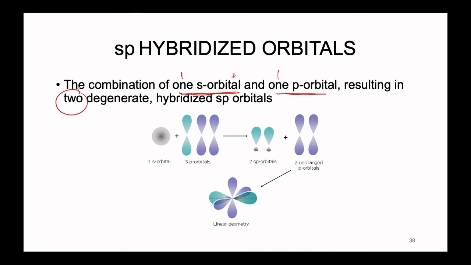These 2 degenerate sp orbitals are going to be oriented in a linear configuration, which is what we can see in this diagram down below. So we're taking our gray s orbital and one of our teal p orbitals and mixing these things together.